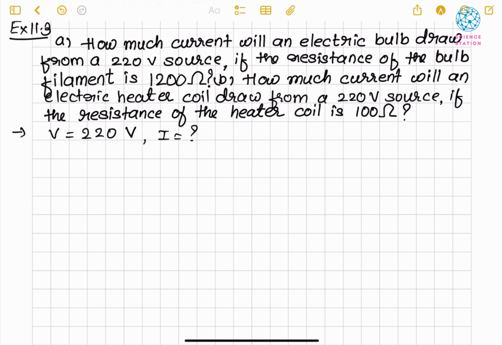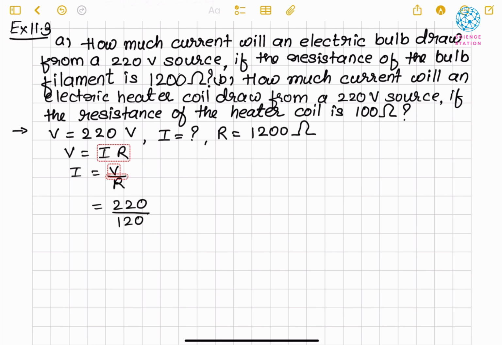Current I have to find, and R is given in the first one as 1200 ohms. So the formula used will be V equal to IR, so I equal to V by R. That will be 220 upon 1200, which comes to 11 upon 60, and that will be 0.18 ampere.